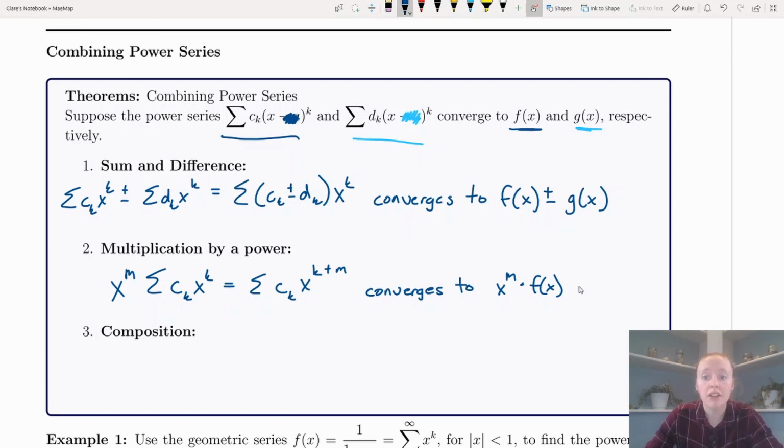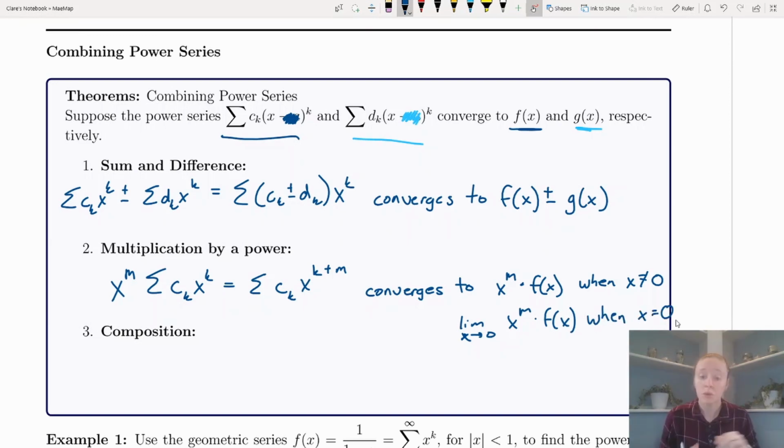And this is for values when x doesn't equal 0. If x does equal 0, then we're going to converge to the limit as x approaches 0 of x to the m times f of x. And that's only in the case where x equals 0. For all else, we're converging to x to the m times f of x.